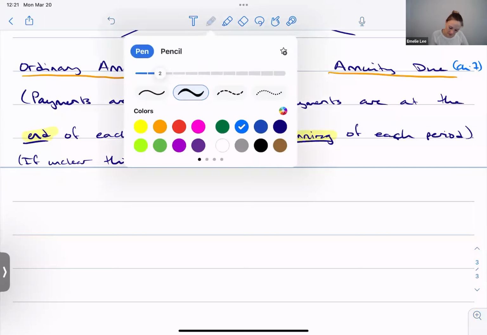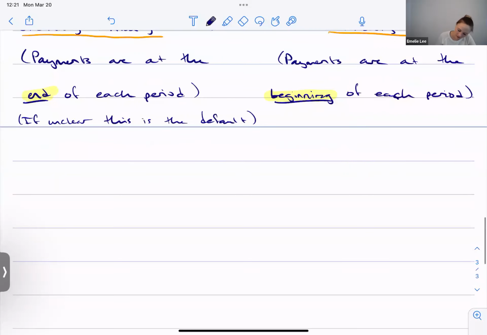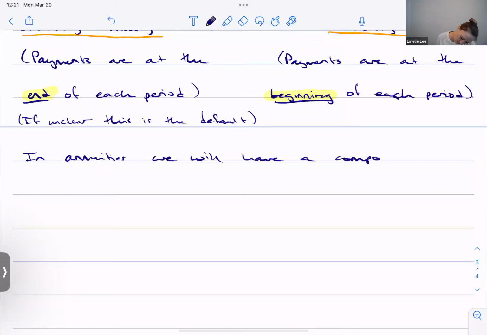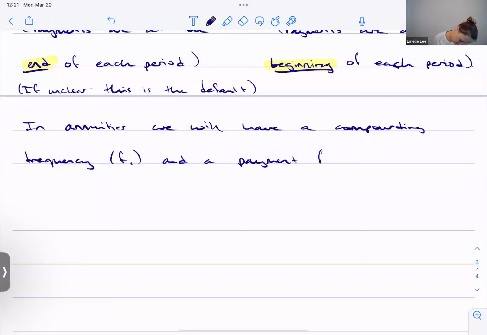Okay, and so what we're going to have is we're going to have some compounding frequency and some payment frequency. Okay. So in annuities, we will have a compounding frequency, F1, and a payment frequency F2.